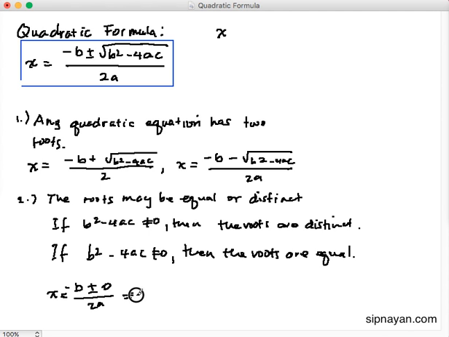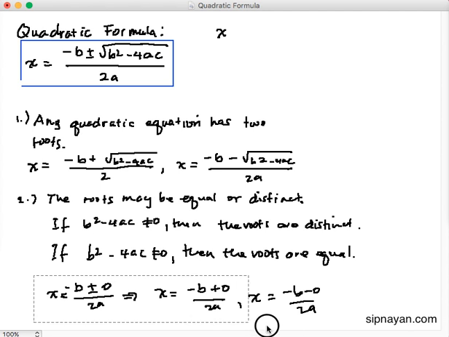So, ibig sabihin nito, dalawa yung roots natin. We have x equals negative b plus 0 over 2a, and we also have x equals negative b minus 0 all over 2a. And both of these roots ay equal siya negative b over 2a. So, dito magiging equal sila. So, they can be equal or they can be distinct, depende dun sa value ng b squared minus 4ac.